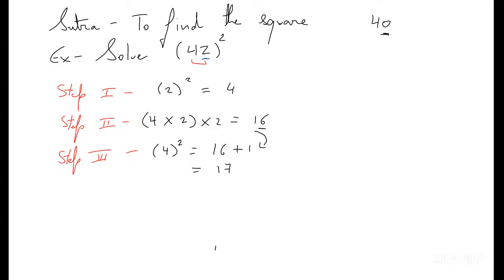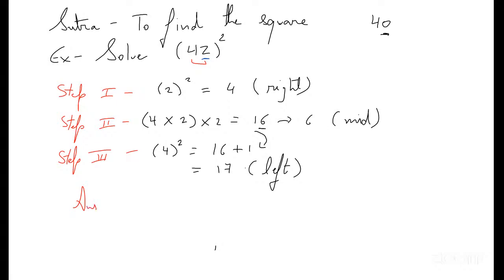This is my left side of the answer, 6 is my middle part of the answer, and 4 is my right side of the answer. So write it down. The answer will become 1764.